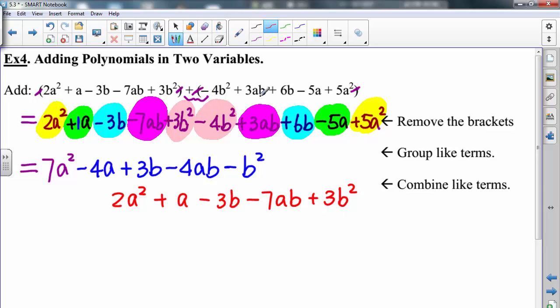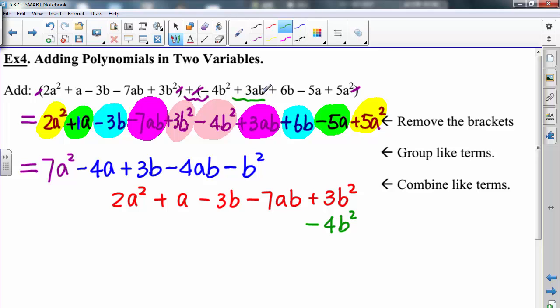So this time, if the second polynomial does not show up the like terms in the order, you have to switch the terms around yourself. So negative 4b squared, that's the first term in the second polynomial. You need to line up negative 4b squared with 3b squared. So the first term goes to this position.